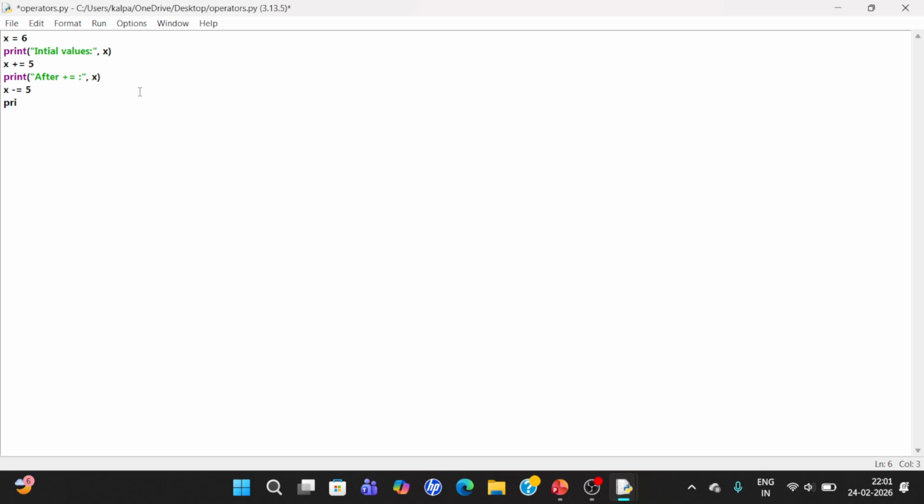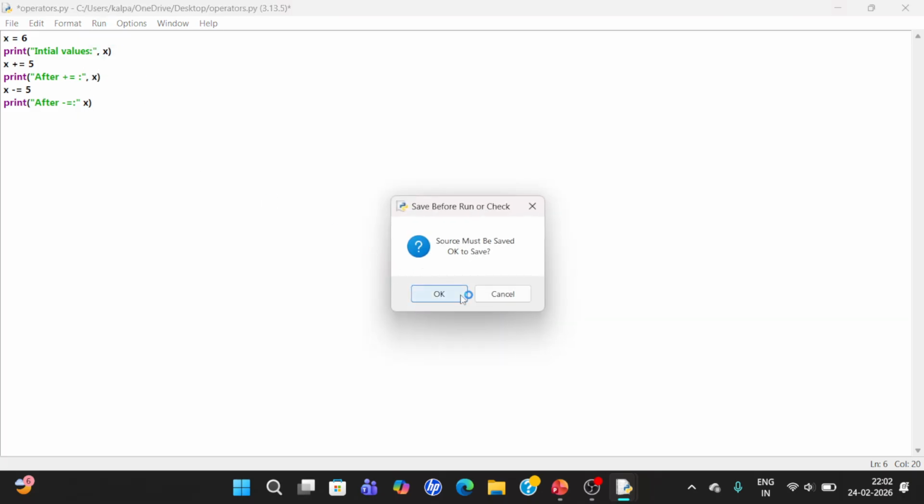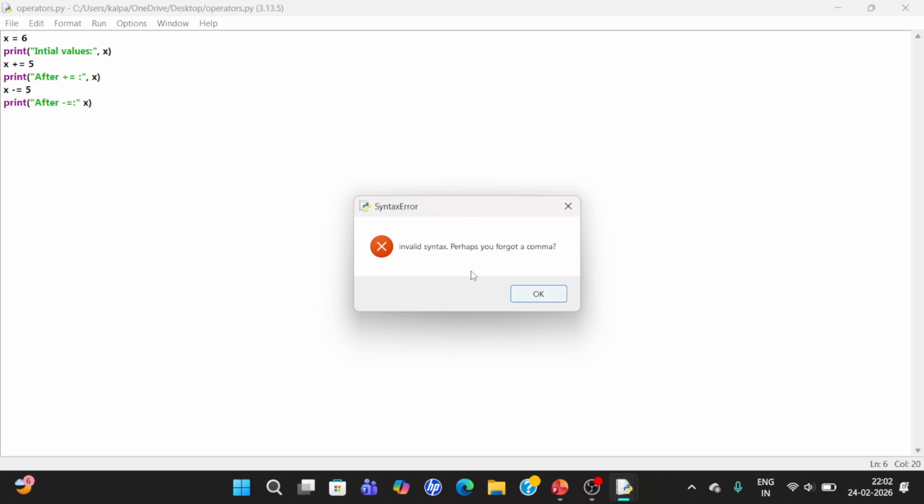Then print after minus equals. What x value will we get after this? 6 minus 5, 1. So we'll get 1 as the answer. Let's see. Sorry, here I forgot a comma.